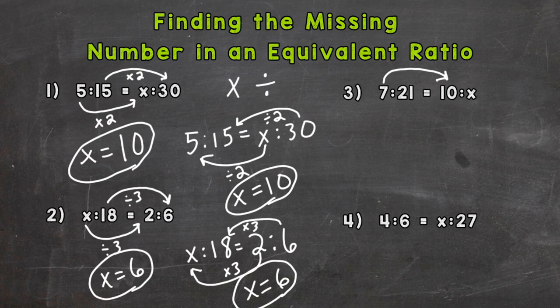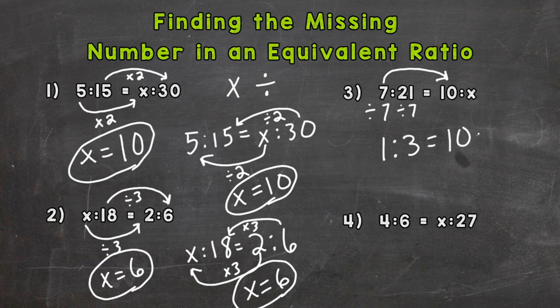So 7 to 21 simplified, we can divide both of these by the common factor of 7 to give us a simplified ratio. And our simplified ratio is 1 to 3, which is equivalent to 7 to 21. So we didn't change the value, we just simplified it.